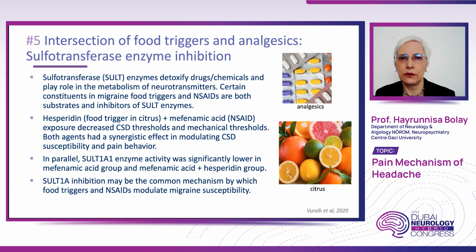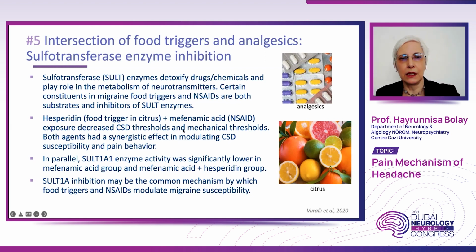These enzymes detoxify drugs and chemicals, and they play a role in the metabolism of neurotransmitters. And we know one of the most important food triggers is citrus, and hesperidin is one of its ingredients. And the non-steroids are both substrates and also inhibitors of these enzymes.